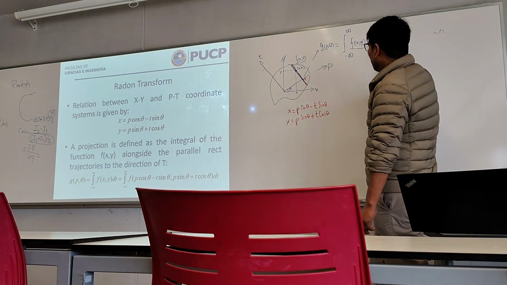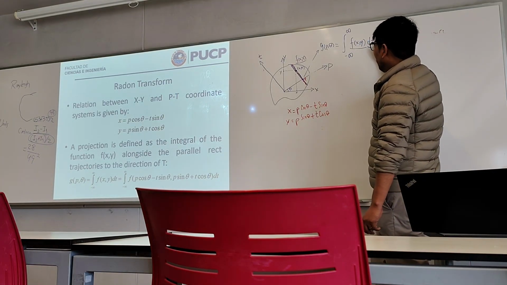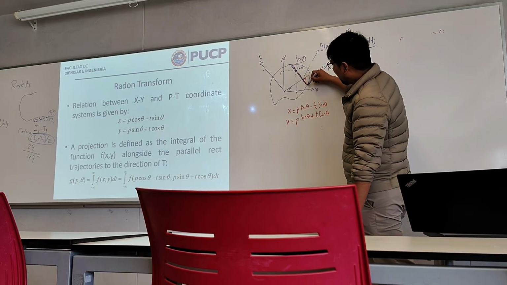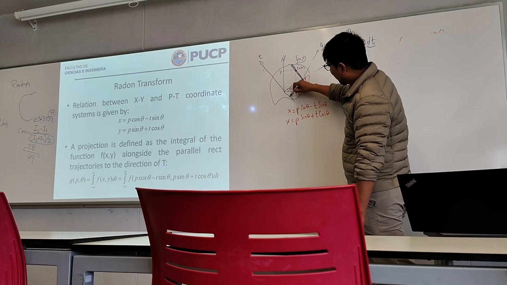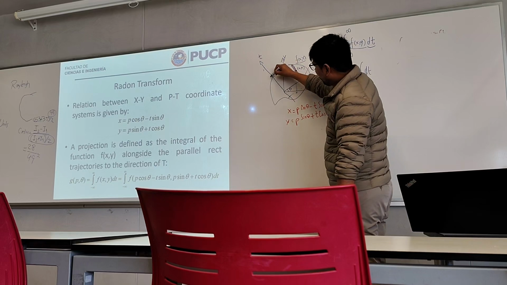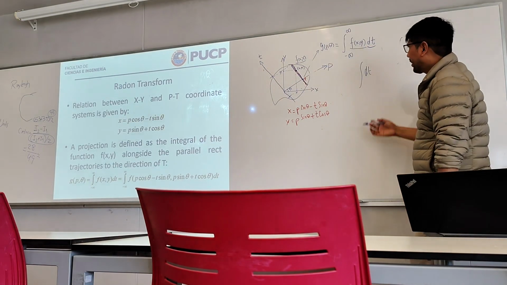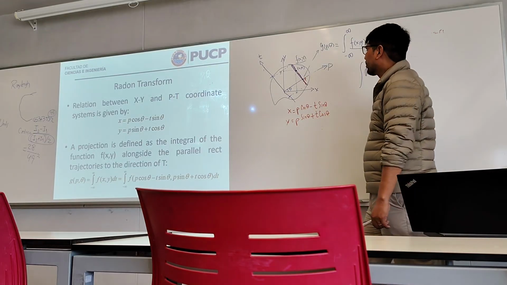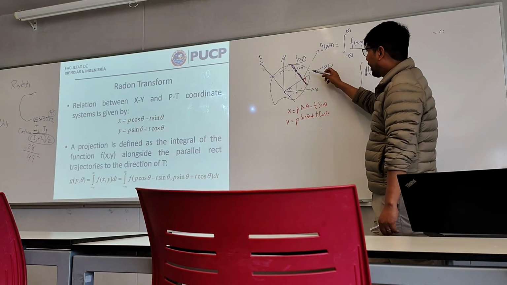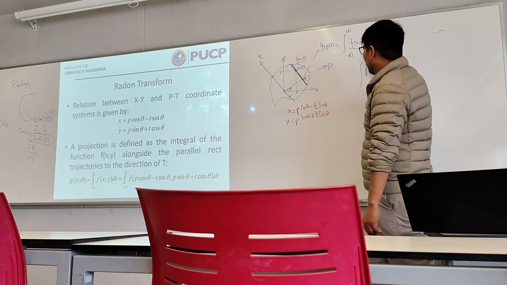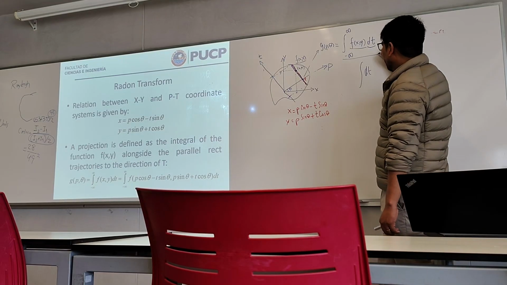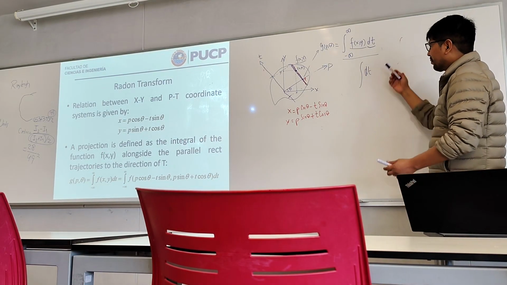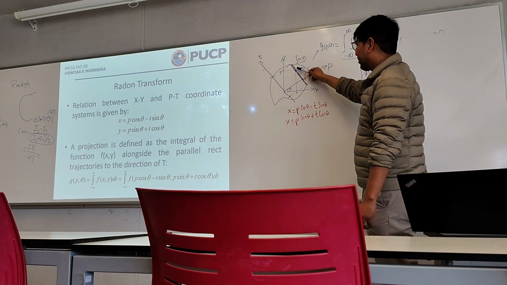It's a constant, so we just integrate dt, and we only need to see the limits of t, this point and this point. Basically the integral will be just the length, this minus this. But if the amplitude was not constant, it doesn't matter. The expression will be the integral of f(x, y). This makes sense, right? It's just a projection.